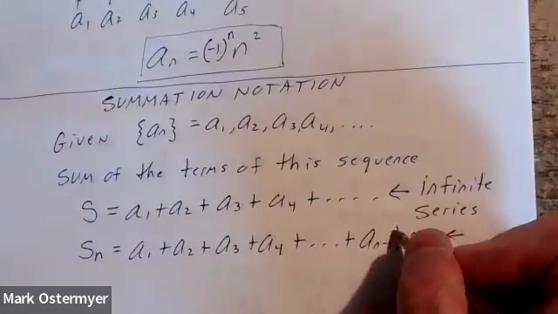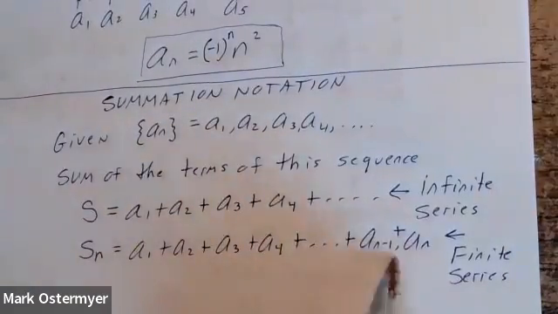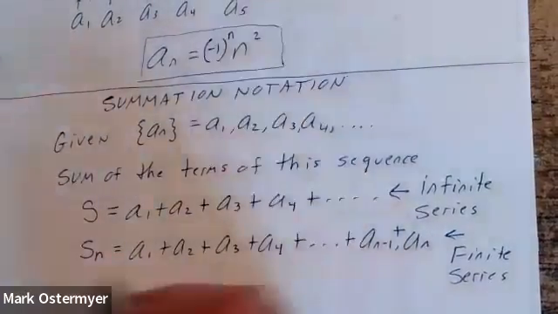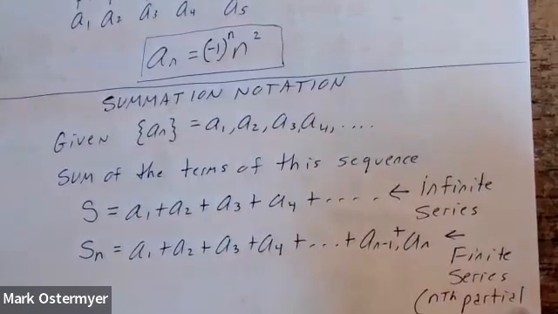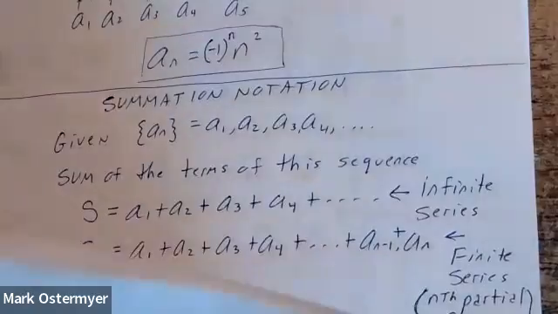There should be a plus sign in here. So we're adding up the first n terms of the sequence. Sometimes we call this finite sum an nth partial sum of the sequence, an nth partial sum of the sequence.